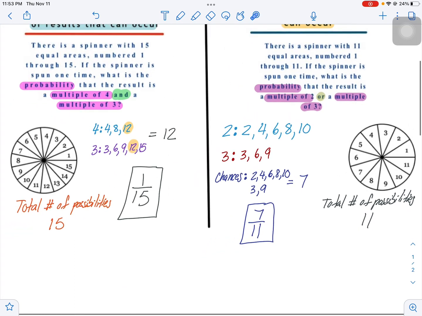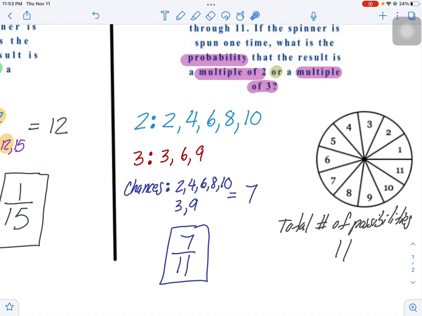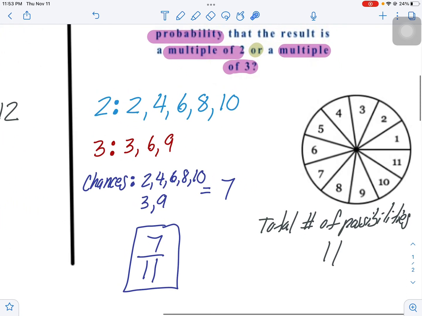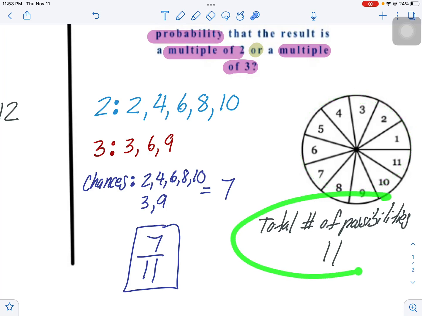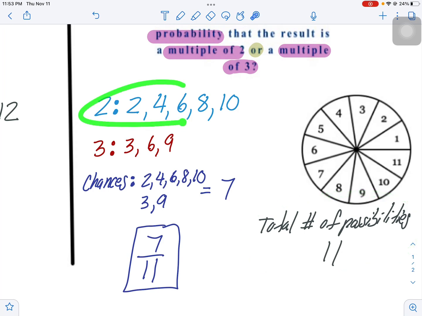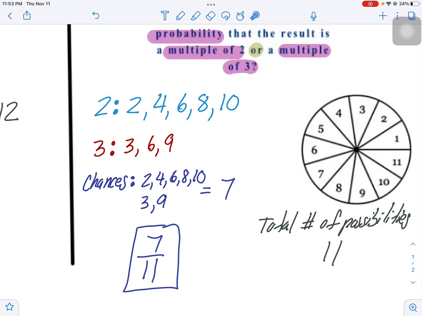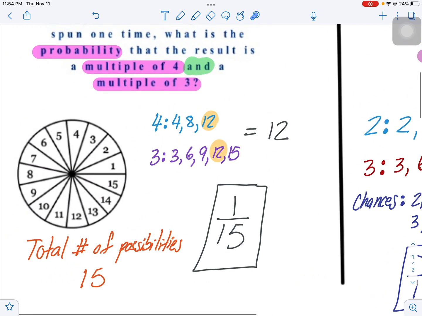Now, as you can see here, this is the kind of work that I want to see in the assignment. It'd be great if you draw the spinner. Drawing the spinner makes it visual, so please draw the spinner. I want you to identify the total number of possibilities, identify the multiples of each number, and combine the chances for "or."